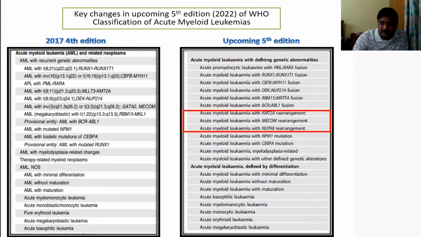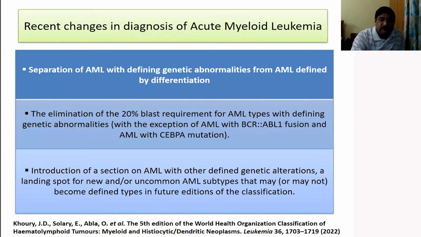May I have the next one, please? Next slide, please. So the recent changes in the diagnosis of acute myeloid leukemia are quite different in the fifth edition of the WHO. Here, the separation of AML has happened between AML with defining genetic abnormalities and AML defined by differentiation. As I mentioned, there are two distinct types.